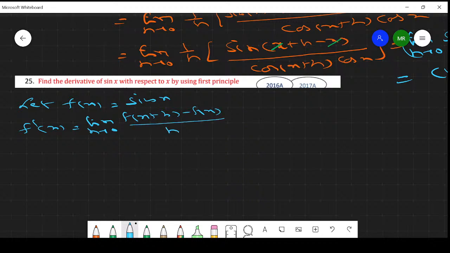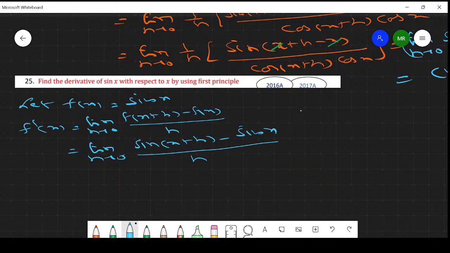Write the formula, the first principle formula. Then limit h tends to 0, f of x plus h means sin of x plus h, minus f of x, sin x, by h.